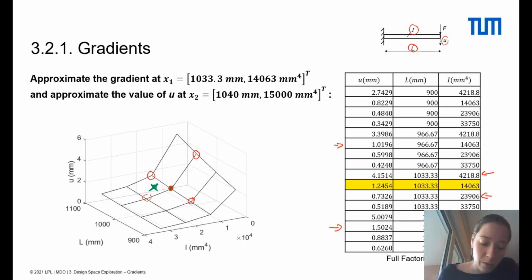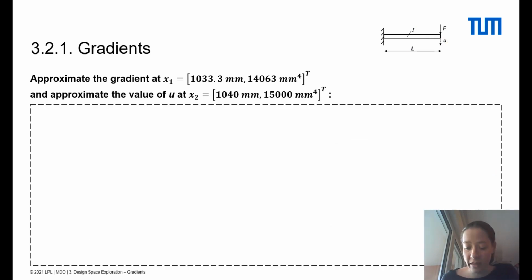That's what we know. And we also know the approximate gradient. So we go the delta between those two in approximately that direction. And then we get the value for u2. Now we got a plan. What we want to do, we just have to plug in some values.